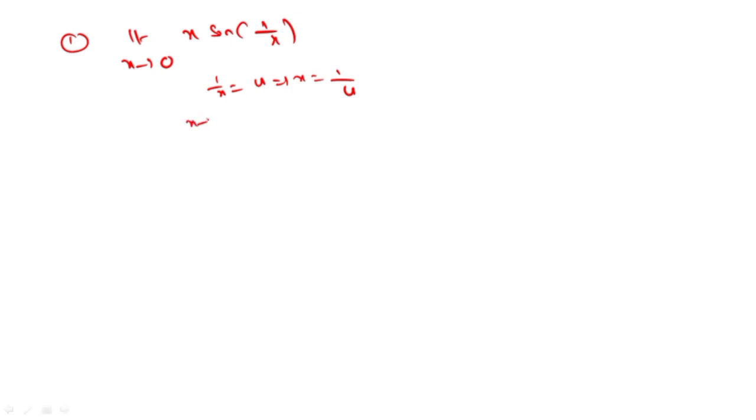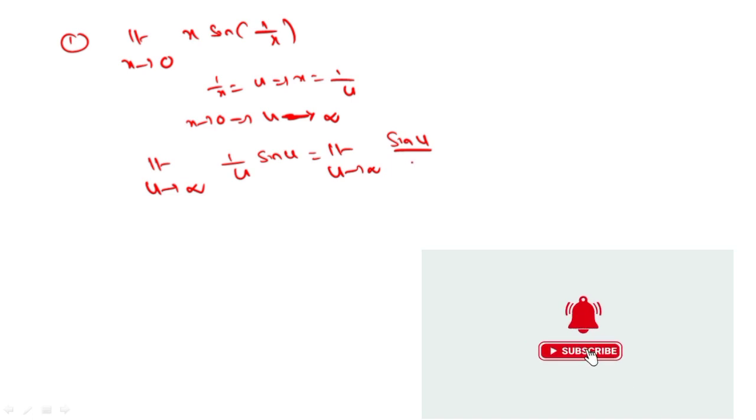If x tends to 0, then u tends to infinity. Then this will be written as limit u tends to infinity of 1 by u sin u. So limit u tends to infinity of sin u by u, you know it. Whenever infinity is there, this will be 0. So this value will be 0.